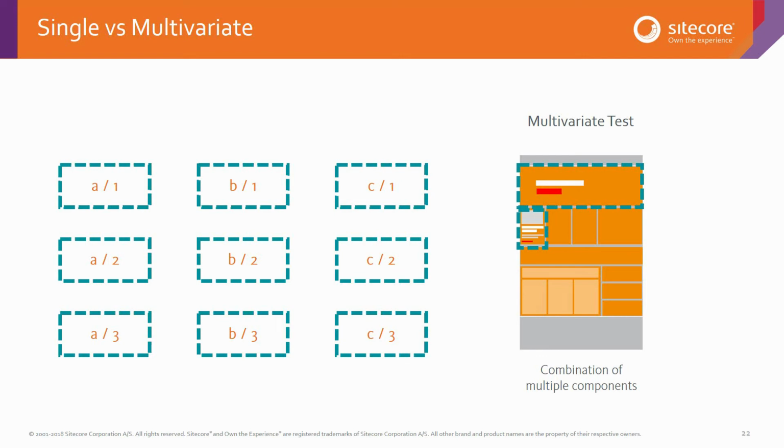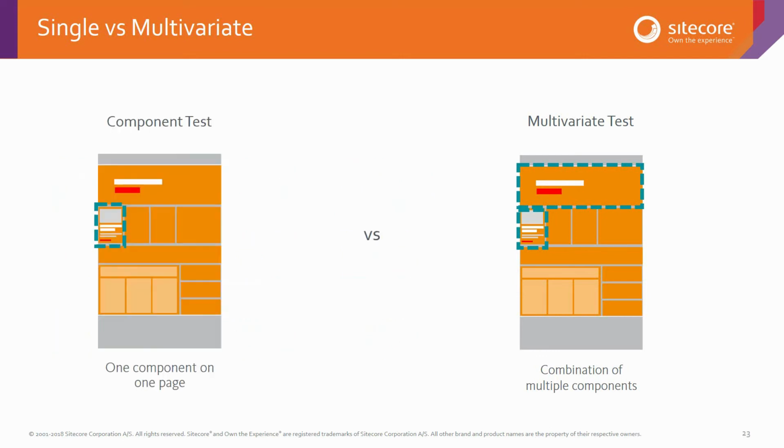So you can imagine how fast they would add up if you introduced one more component or a few more variables to one of the existing components. Often, the results of multivariate tests mirror winners from individual component tests. And to get started, I recommend beginning with just one component at a time.